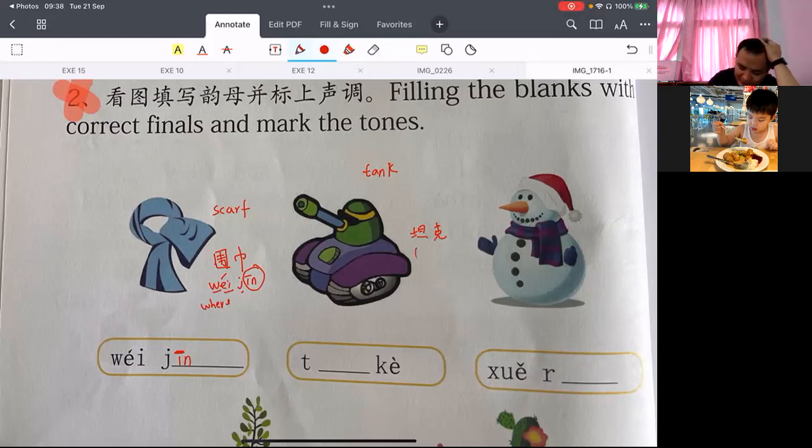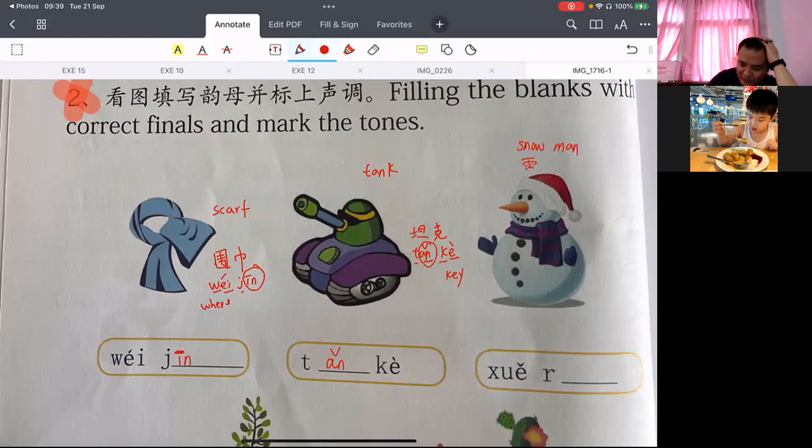The pinyin is tan, 坦, ke, 克. T for top, an, right? 坦, clear? K for key, right? Keep or key. 坦克. So the final is an, right? 坦克. Clear?